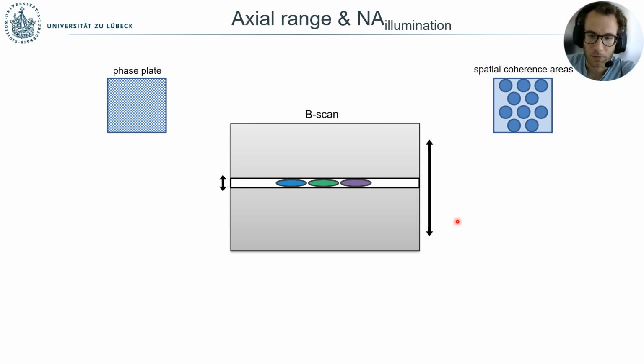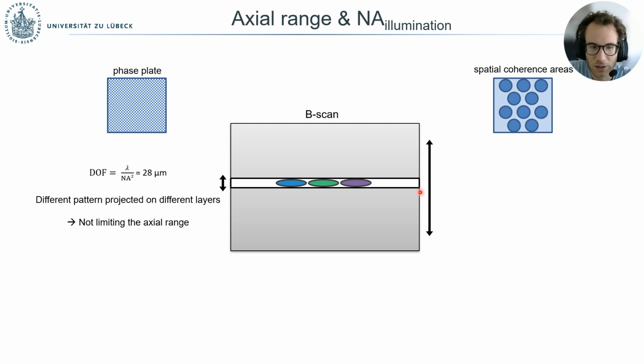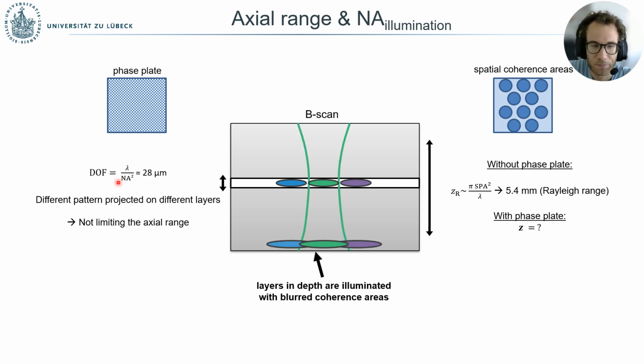But there is another problem with the diffuse illumination, and it's more on the illumination side, not on the detection side. We have a sample that has a certain thickness, and the pattern that we project on it has a certain depth of focus as well.